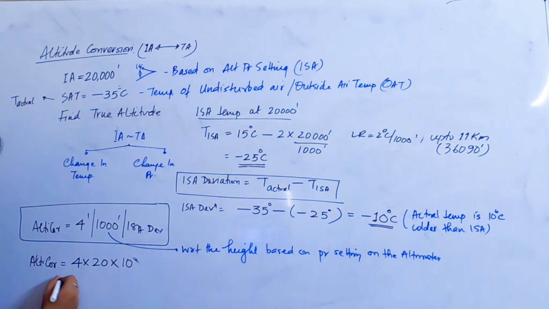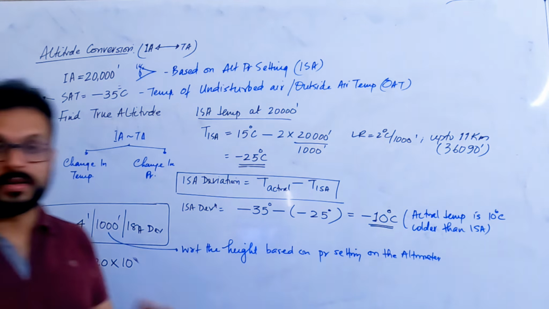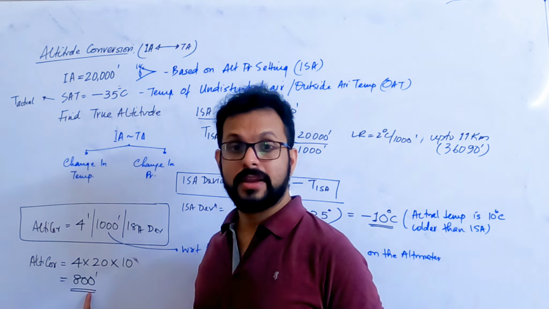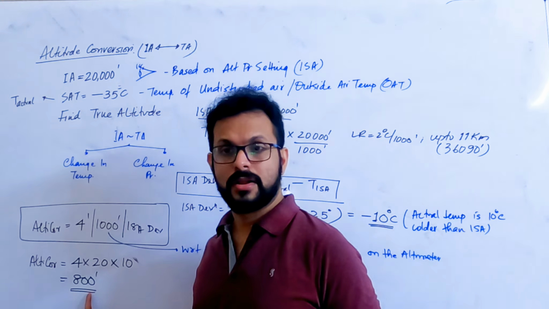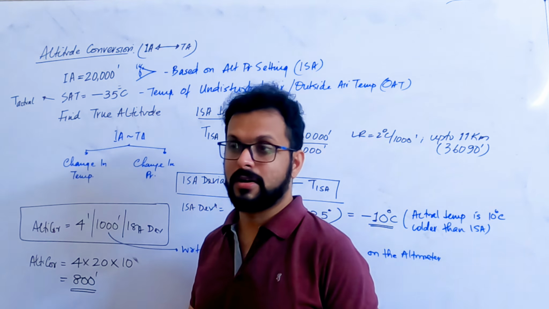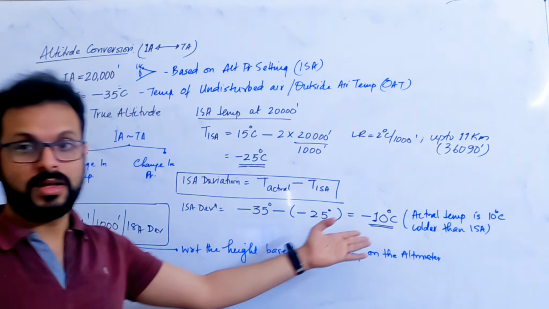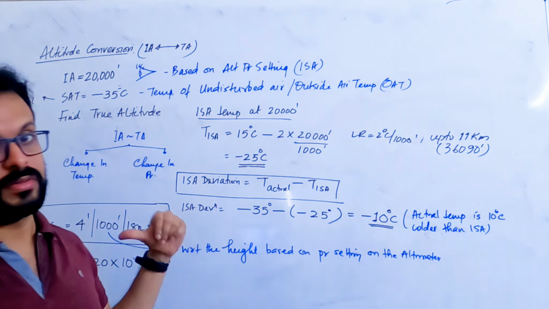So how much is this? 800 feet is going to be the error between indicated and true. Or indicated and true are going to be different by 800 feet. Which is not extremely off here, because the deviation is only 10 degrees Celsius. If the deviation were much more, this would increase more than that.